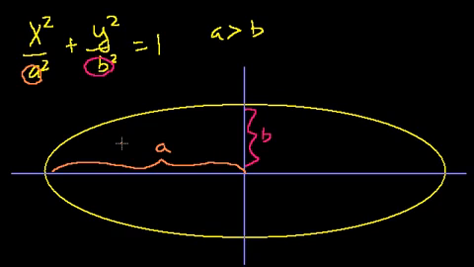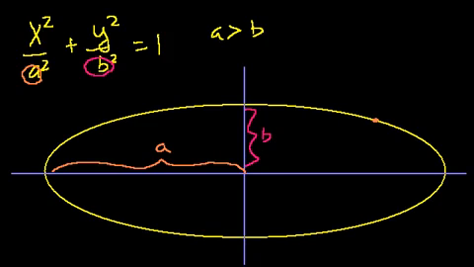Now, another super interesting and perhaps the most interesting property of an ellipse is that if you take any point on an ellipse, and measure the distance from that point to two special points, which we will call the focuses or the foci of this ellipse.